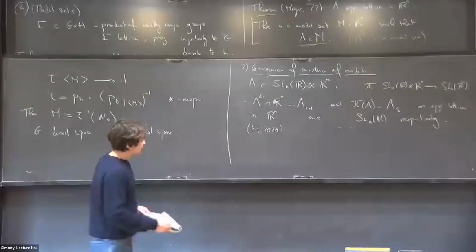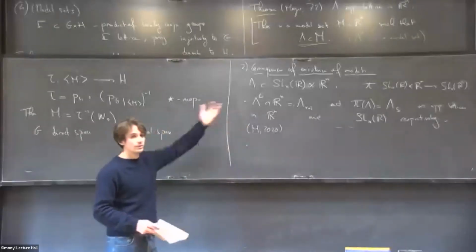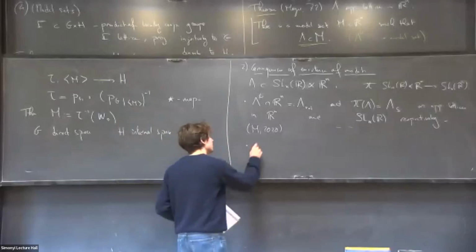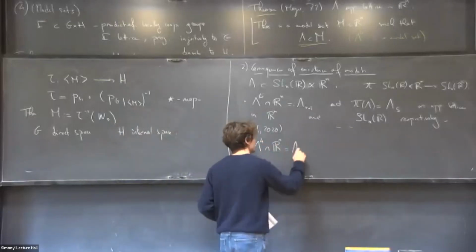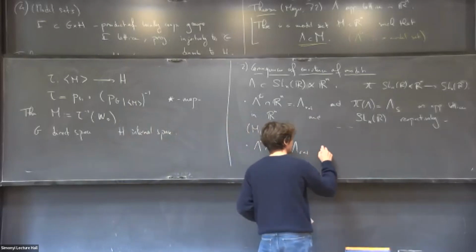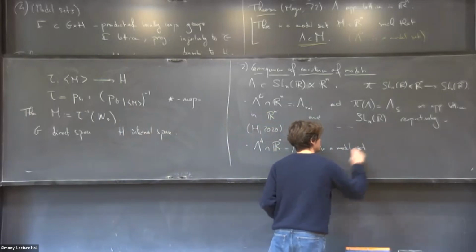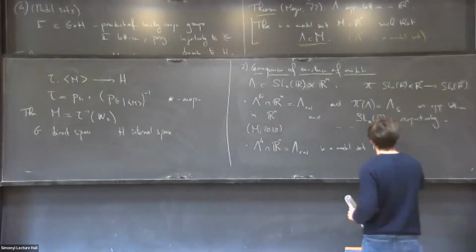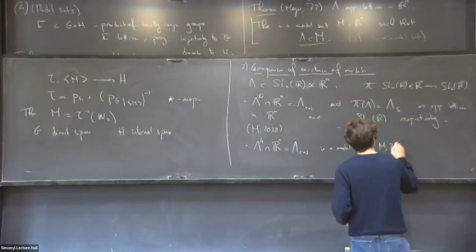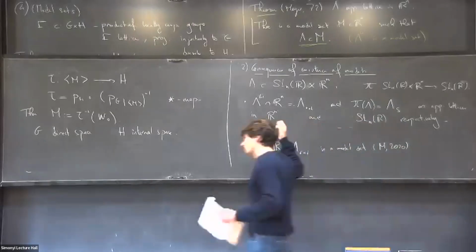Okay, you can actually go slightly further than that, and the proof gives you something additional: lambda 4 is in R^n, so what I call lambda rad is in fact a model set. Okay, so that's really nice. So this is given by the proof. Actually, this is needed in the proof.